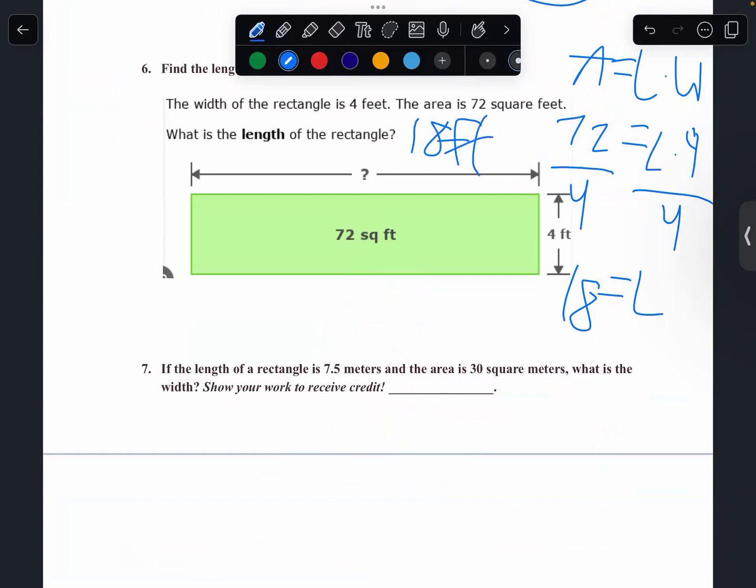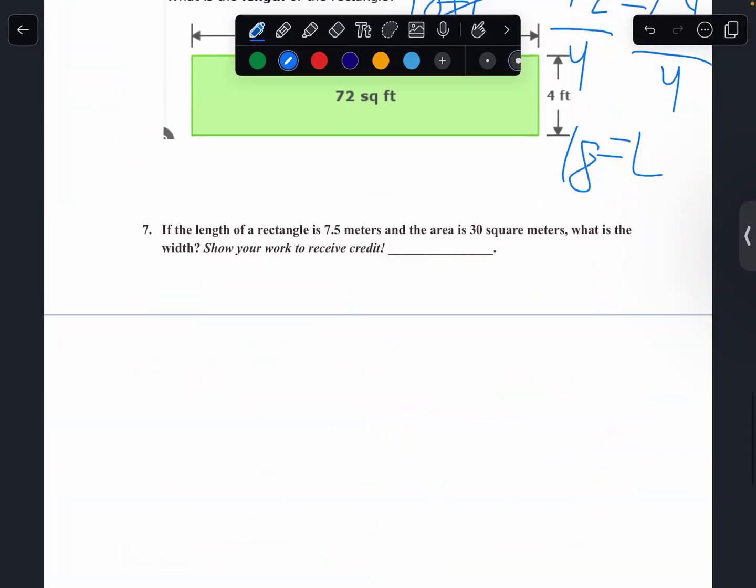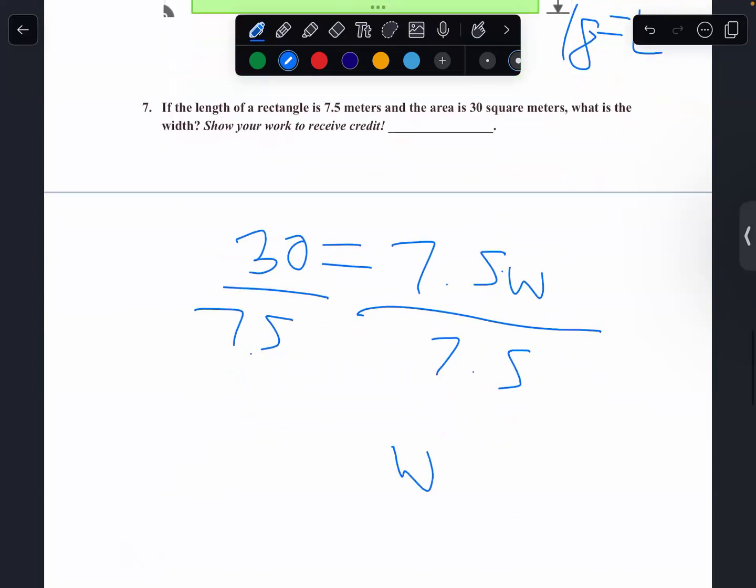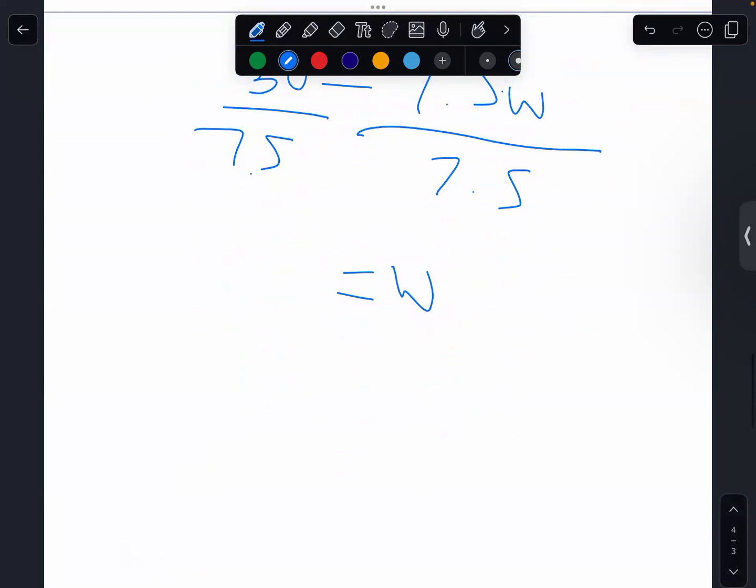The length of a rectangle is 7.5. The area is 30. And then what's the width? Okay, so we have the area equals length times width. Here's the length, and here's the width. So this is times. The opposite would be divide by 7.5. Now you need to make sure you show this work too. So you've got 7.5 divided into 30. Top dog in the doghouse is the way you divide.